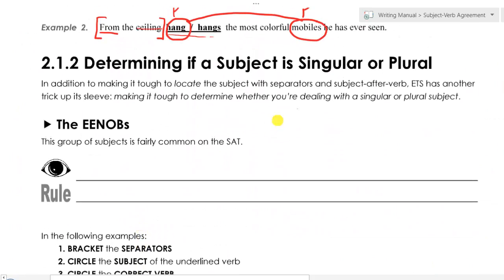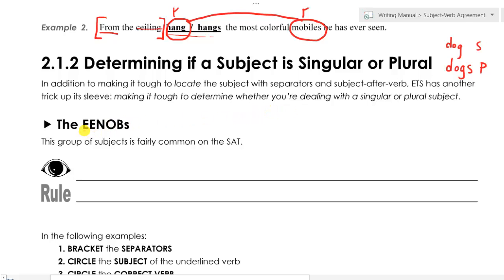It seems a little weird to think that they could make it difficult. After all, if you see dog, you know that you're dealing with a singular subject. If you see dogs, you're dealing with a plural subject. But there are many pronouns and nouns in the English language that you can't tell whether they're singular or plural just by looking at them. You just have to know some associated rules.